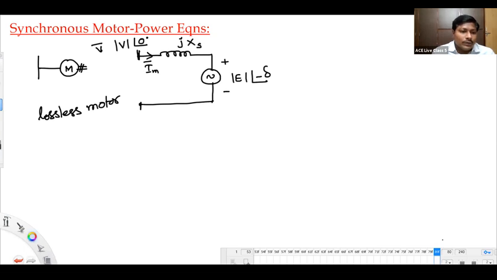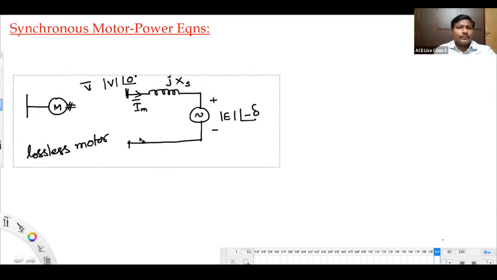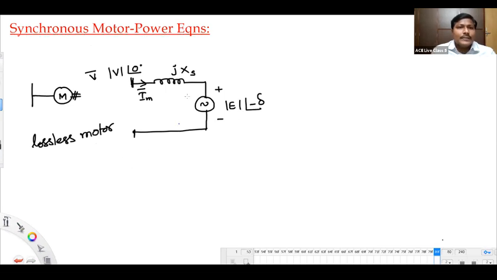Now, we have already given the heading, power equations we want to know. Look here. The real and reactive powers absorbed by the synchronous motor we want to write.